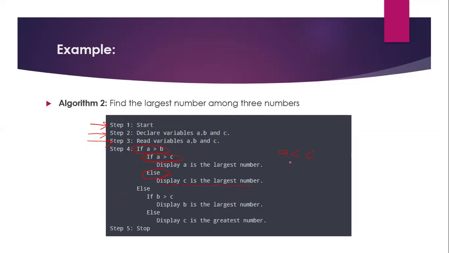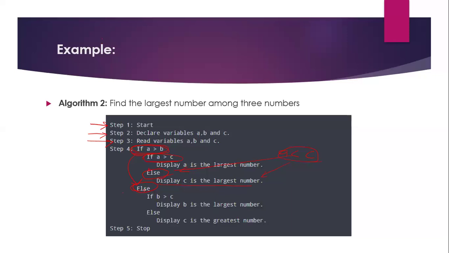This is exactly this. But we do not mention here A is less than C. We just use if and the else condition. Same like that, in here I first chose if A greater than B, then the only other possibility is the else.